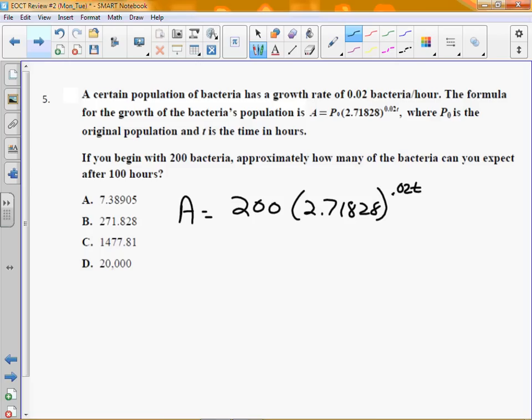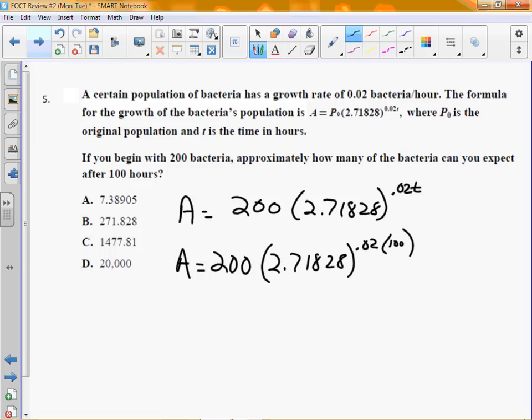So what you do to plug in how many you expect after 100 hours is just take the letter T right there and make it 100. So with your calculator, guys, take 0.02 to the 100th right there. 0.02 when you multiply it by 100, doesn't that just give you 2?